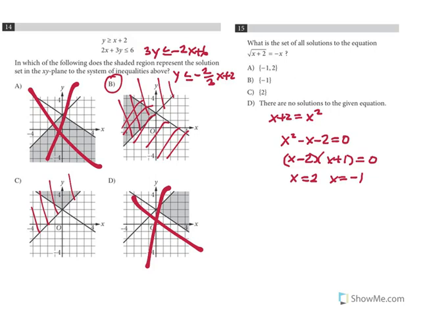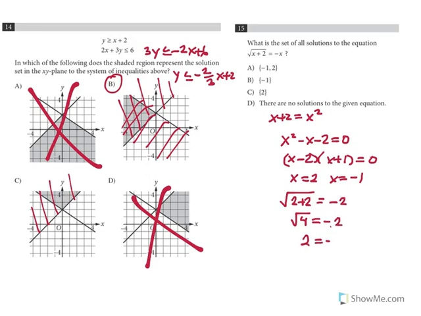But we have to check something here. If we're saying that 2 is the solution, then we've got square root of 2 plus 2 equals negative 2, giving us square root of 4 equals negative 2. Now, when we're looking at solutions like this, we want the principal square root, meaning we want the positive square root, which we do not get in this case.